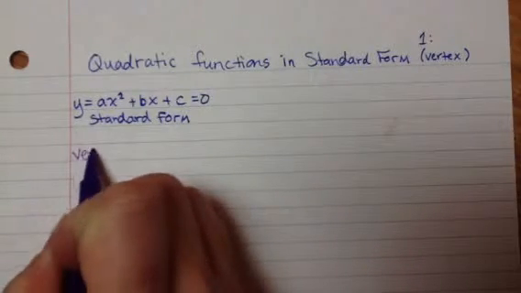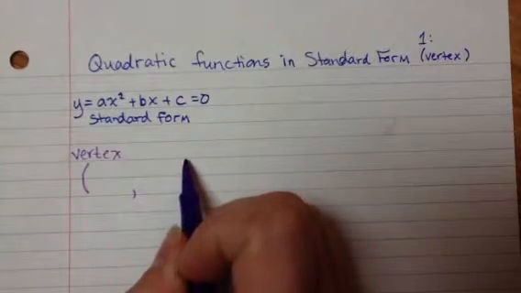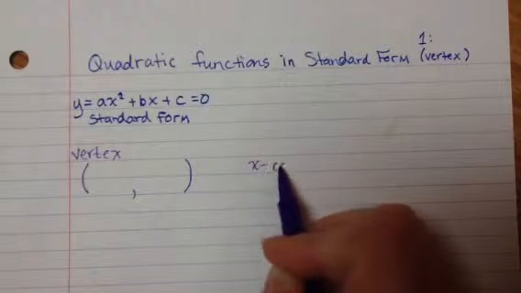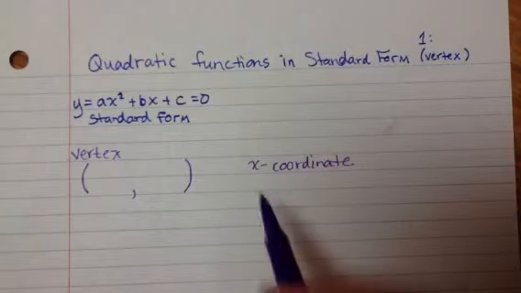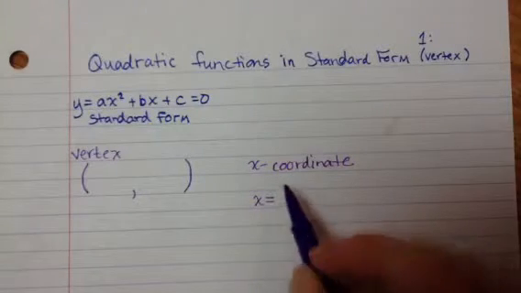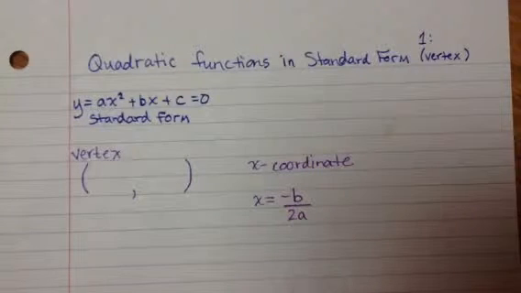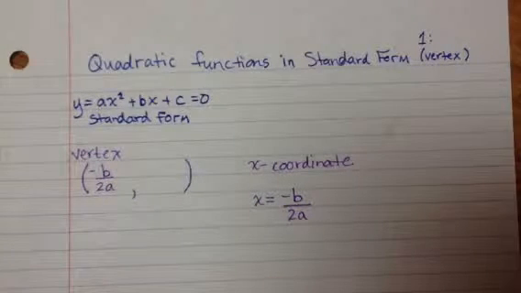So the x-coordinate will be x equals opposite b divided by 2a. And we're also going to use that for another feature of these parabolas in a second.